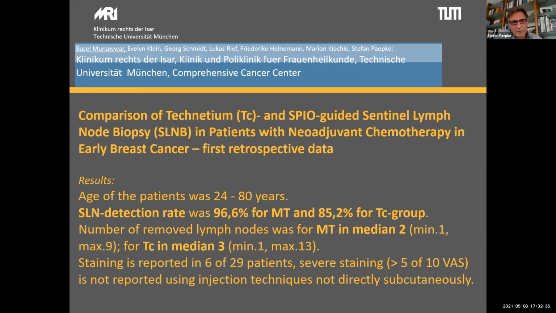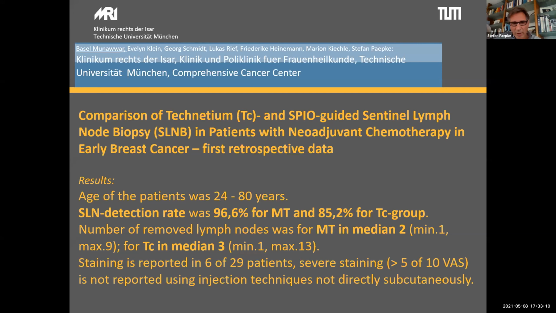What we've seen in our data set is that in the Magtrace group the median number of lymph nodes was 2, and in the technetium group it was 3. Okay, the clinical relevance is doubtful. I don't know. We didn't measure any effects regarding lymphedema and so on. But if the median is lower, that means indirectly that the idea of targeted therapy is more focused.